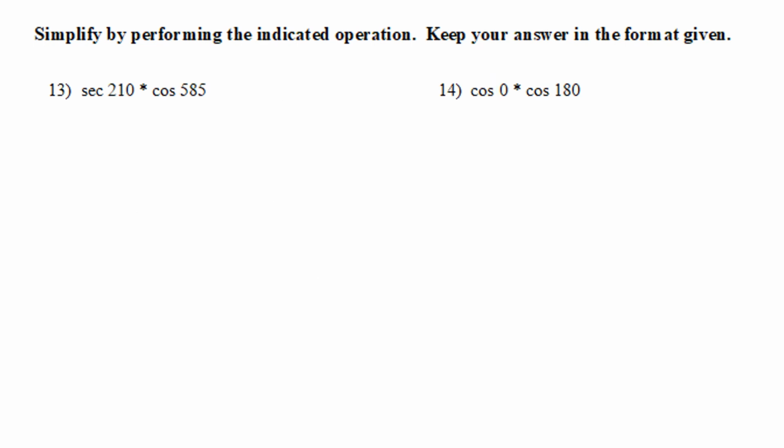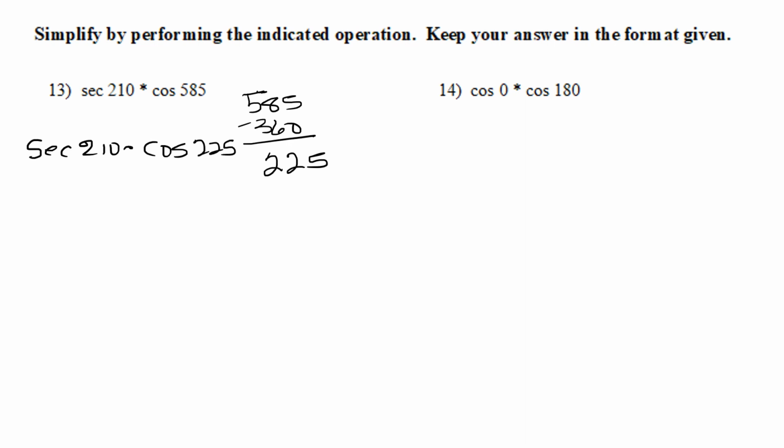Great job. All right, last two, secant of 200 multiplied by cosine of 585. I definitely need a coterminal for that 585. So 585 minus 360 is 225. So I want secant of 210 multiplied by cosine of 225.